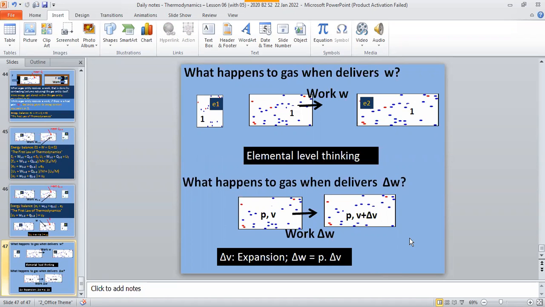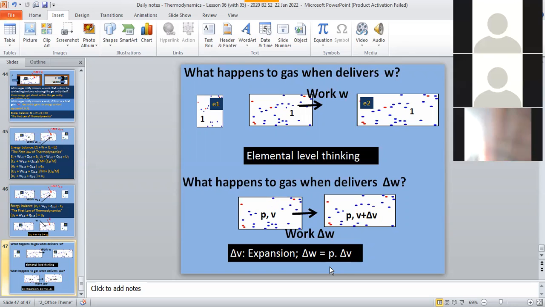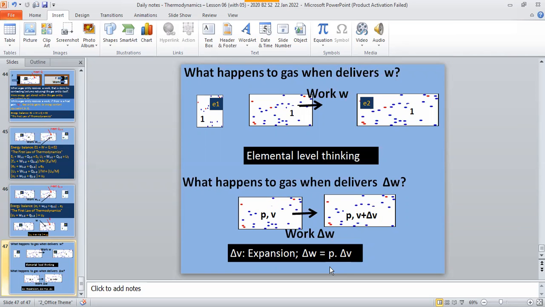Delta W is P delta V. Delta means it is the tiniest change of a parameter, even work done. Here delta W is the smallest, the tiniest contribution to this W.